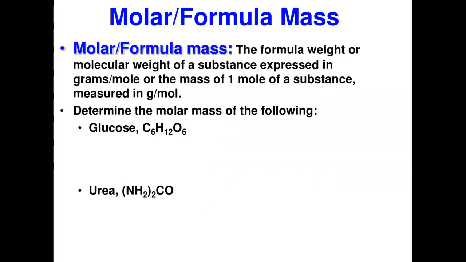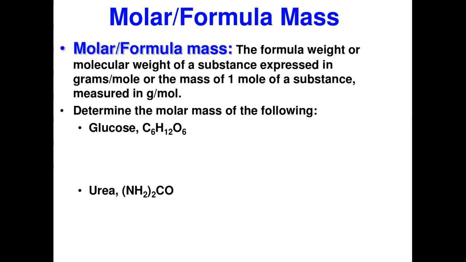So the first thing we're going to be talking about today is the molar mass or the formula mass. Remember, in the last section of this class we talked about how to calculate the molecular weight or the formula weight of molecules or ionic compounds, and we're going to take that a little bit further. What is a molar mass or a formula mass?